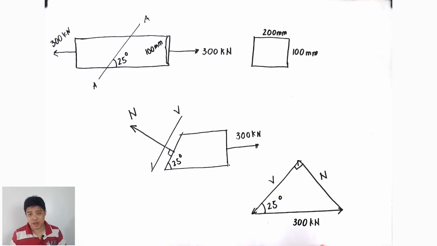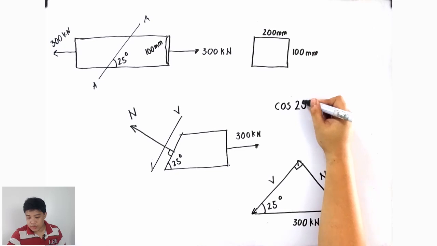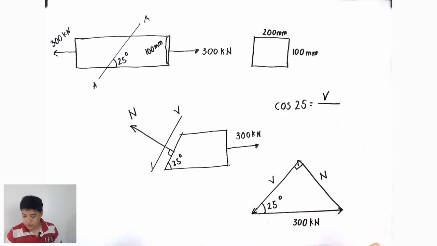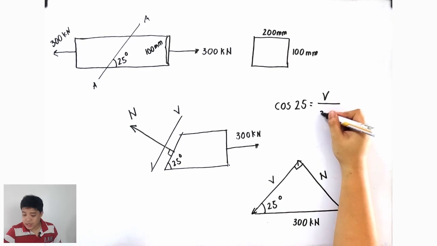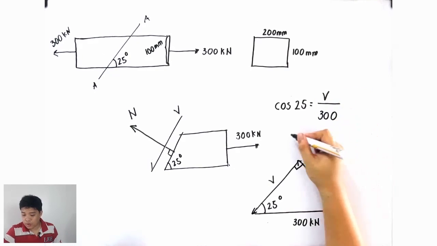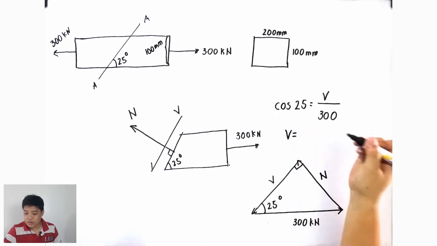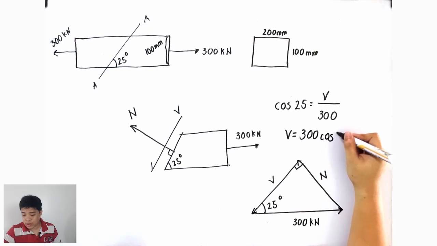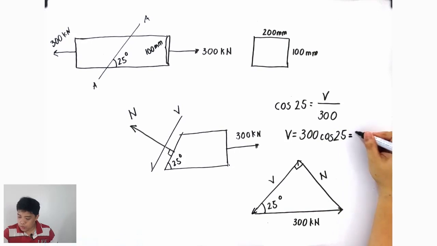And from this force triangle, we can just use simple trigonometry to be able to get the value of N and V. Cosine 25 degrees is equal to adjacent over hypotenuse. So therefore, that is equal to V all over 300 kilonewton. So we can solve for the value of V, which is equal to 300 cosine 25, which is equal to 271.89 kilonewton.